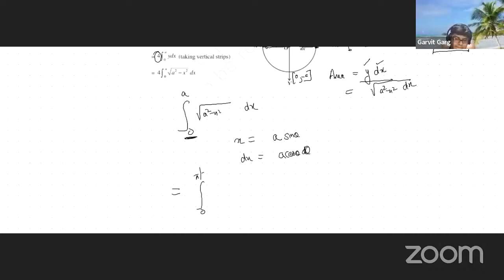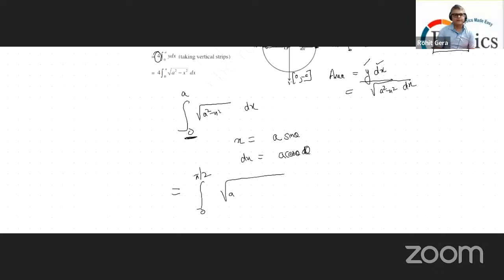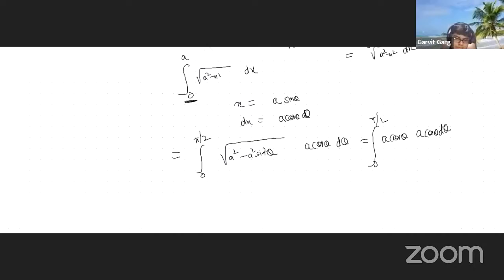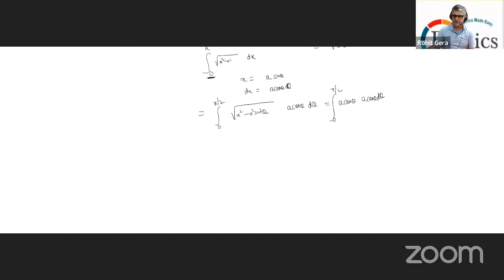This is under root of a square minus a square sine squared theta, times a cos theta d theta, from 0 to pi by 2. So this obviously is equal to a square cos squared theta d theta from 0 to pi by 2.